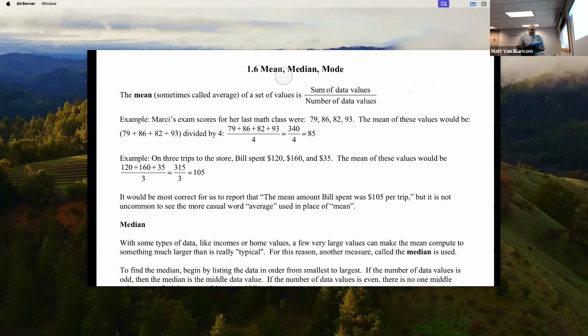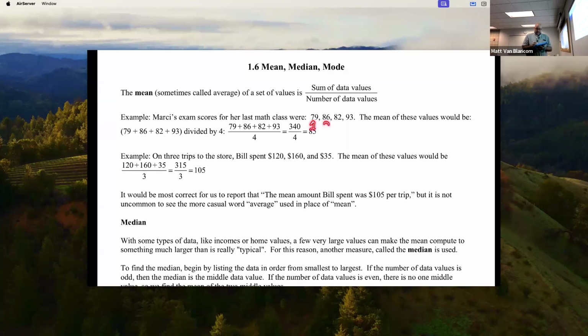All right, so how I find the mean is I take the data points and I add them up using their sum. So using their sum, we then divide by the number of data points. So if I look at this, I've got 0, 1, 2, 3, and 4.